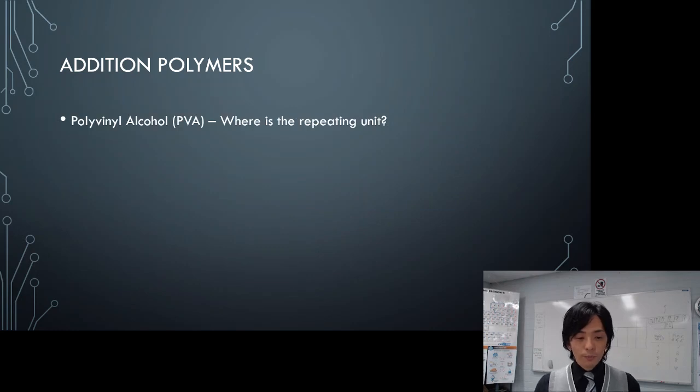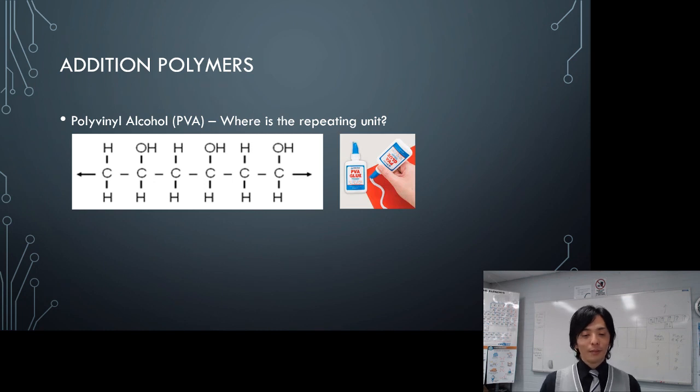Another example, PVA, polyvinyl alcohol. Now, PVA is something you'd have heard of when you are using glues, because glue is usually known as PVA glue, don't they? PVA looks like that. Where is the repeating unit?